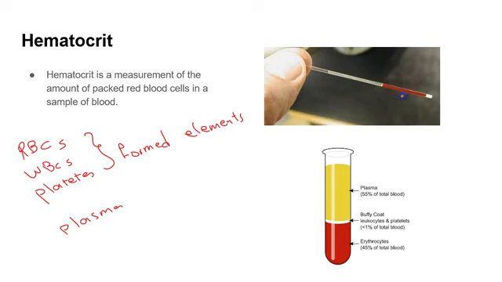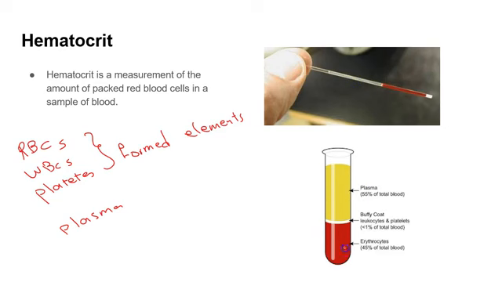The bottom layer, with the red color, contains the red blood cells, which are the heaviest part of our blood. Then the middle thin layer, which is white in color, is called the buffy coat. It contains white blood cells and platelets. And the top layer is the plasma, which is mostly water and proteins.